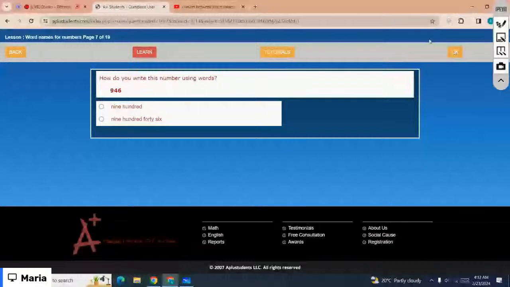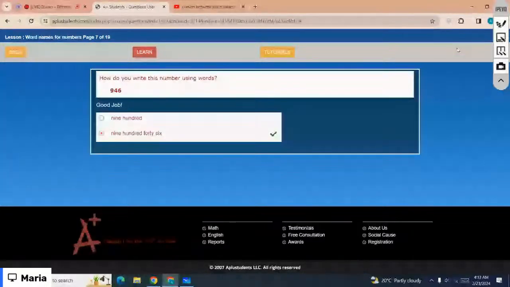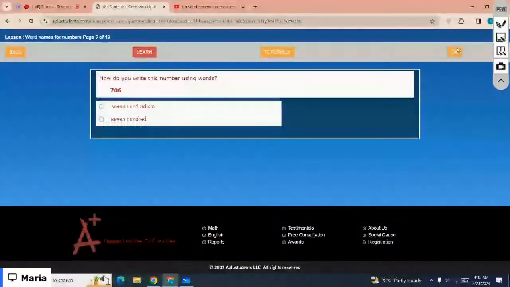Yes, the second option is the correct one. That is 946. How do you write this number using words? Which is the correct option?